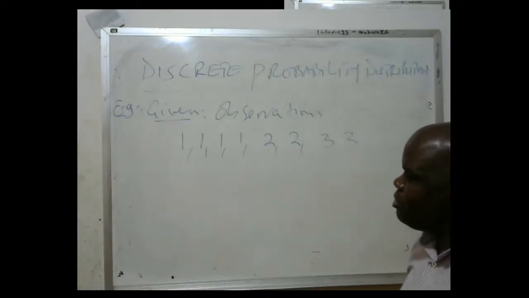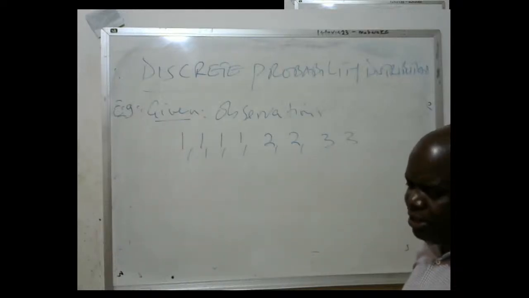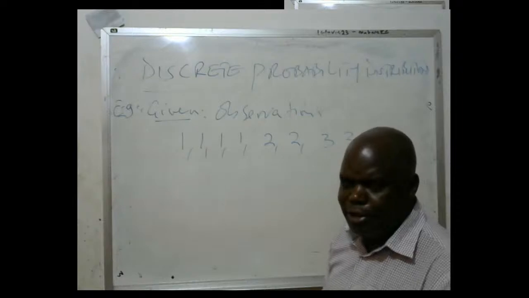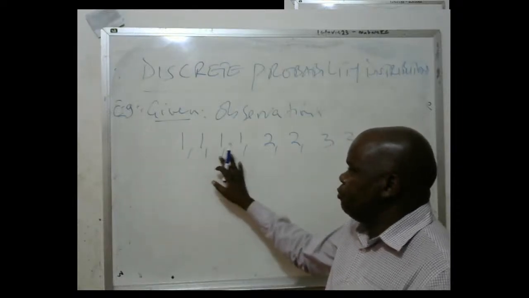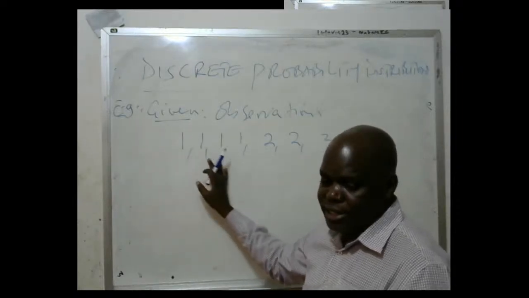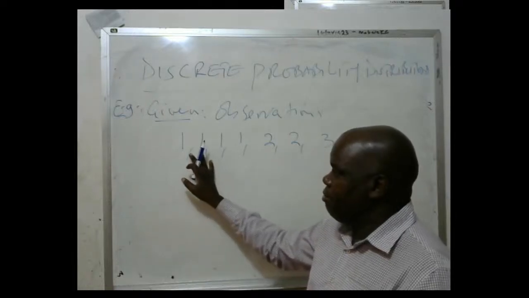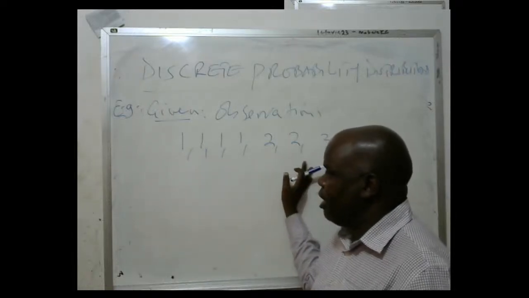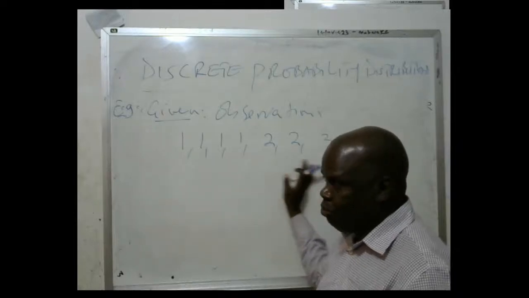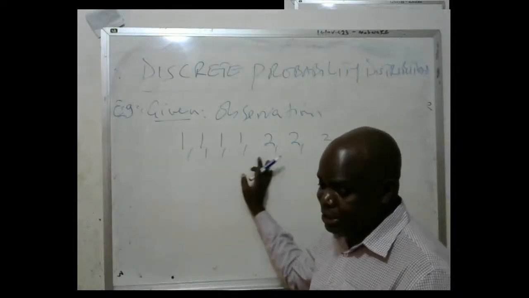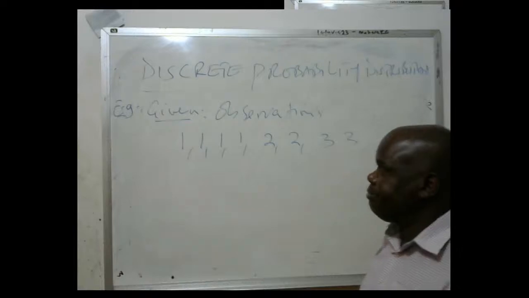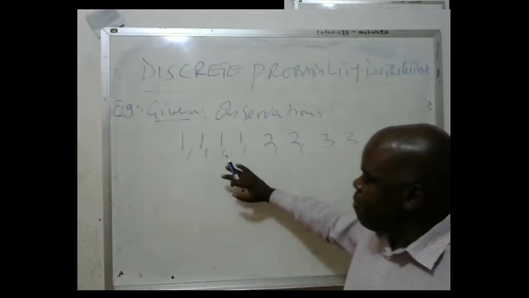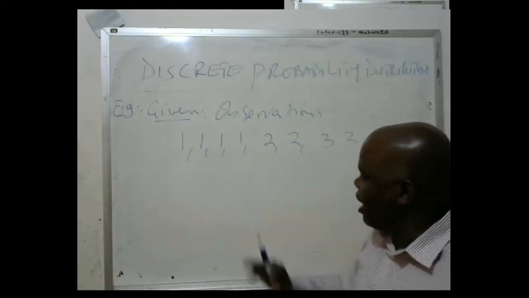If we have those observations, in our Senior 2 O-level mathematics, we would do something basic, placing this in a table. We would form a frequency table of this. Now, we can form a probability distribution out of these occurrences.